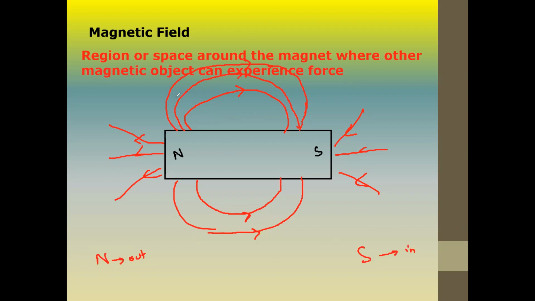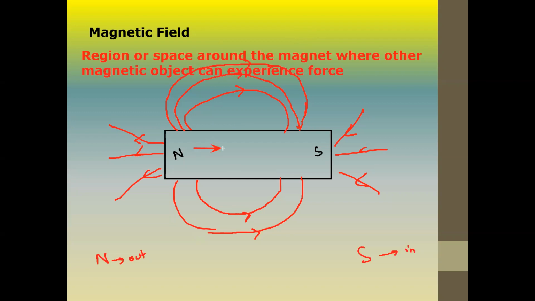If I did not draw a magnetic field line after this, it means if I place a magnetic object here, because it is not in a magnetic field, it will not experience any force. So the region, the space around the magnet where other magnetic material can experience the force, we call that the magnetic field. The basic idea is that this is a representation of the magnetic field by lines.